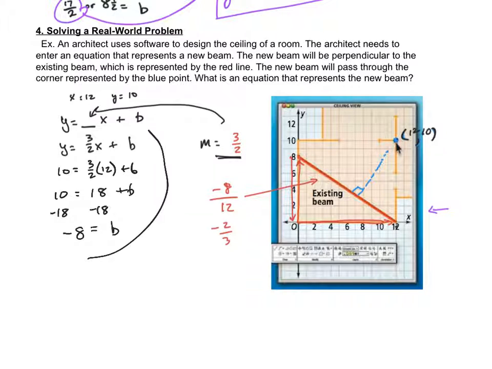So do some substitution. The equation of that line is going to be, got ahead of myself, 3/2 x minus 8. And that's the equation of a line.